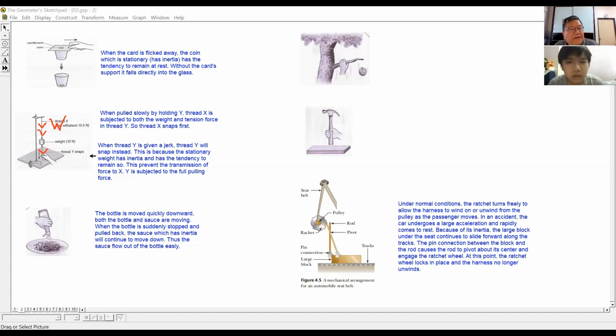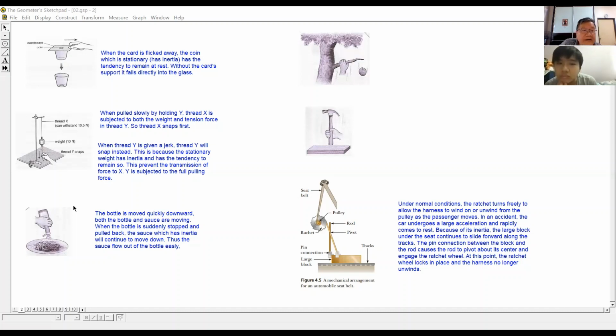Now the second part of the experiment, we are not going to pull slowly. You are going to pull it quickly at the bottom. You just give it a jerk like that. So when you jerk the string, which one will snap first, X or Y?